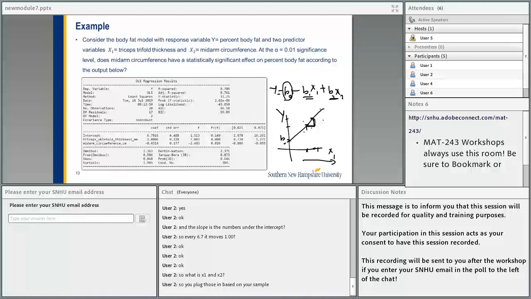So if I'm plotting, when keeping other variables fixed, y over, let's say, x1, then the slope value would be b1. Yes, from your study, you would have a set of x1 values, a set of x2 values. You plot them against y.